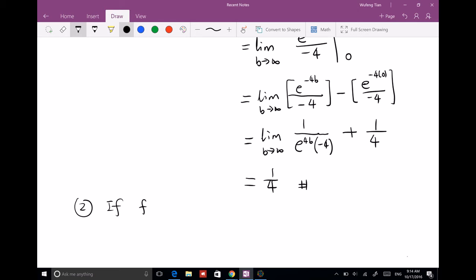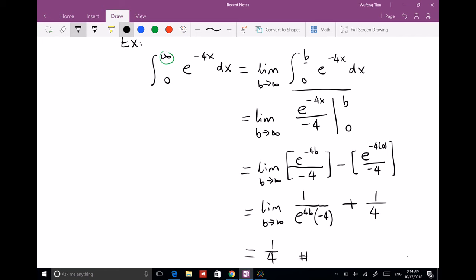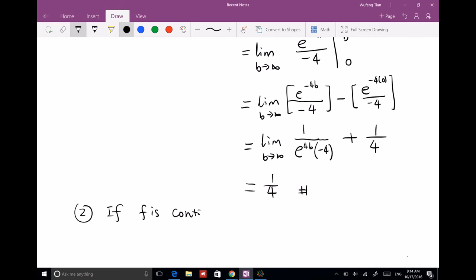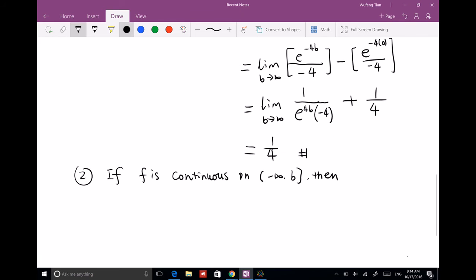If f is continuous, this is the upper boundary is infinity. Now we change our lower boundary to be negative infinity. So what happened? If f is continuous on negative infinity to b, from negative infinity to b, f(x) dx, you can change that into a limit.